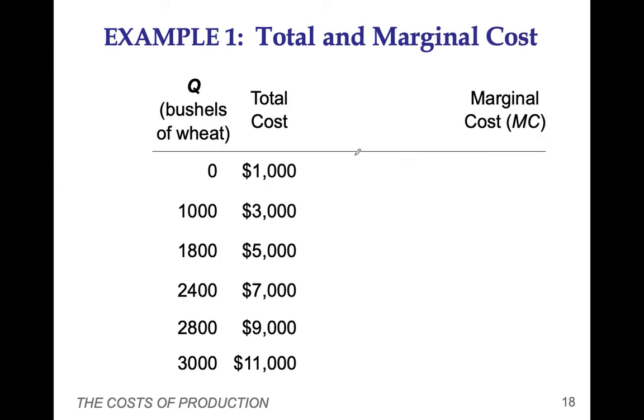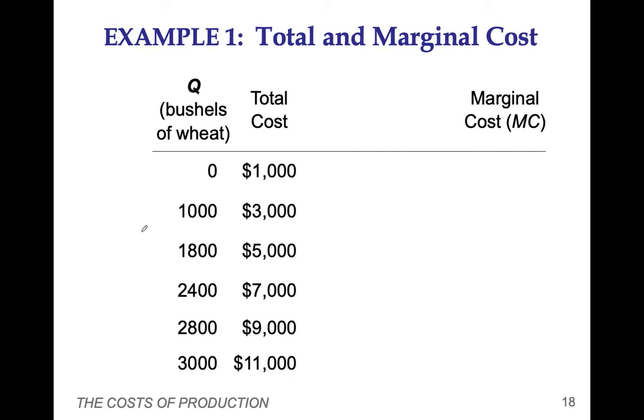So we come back to our example, and we try to compute this marginal cost. Here we have the first column with different levels of output, and in the second column the total cost related to each level of output.